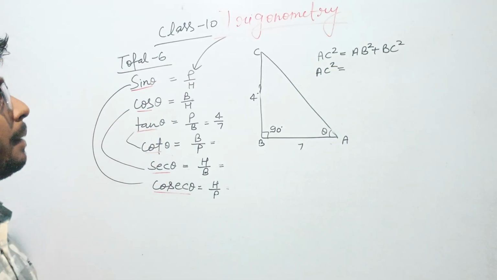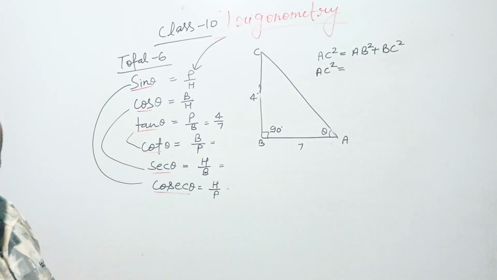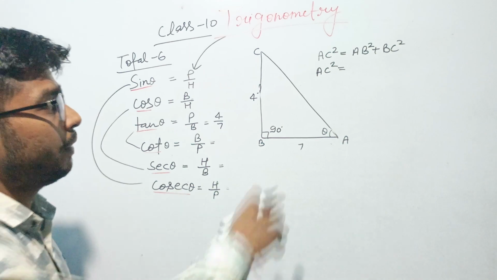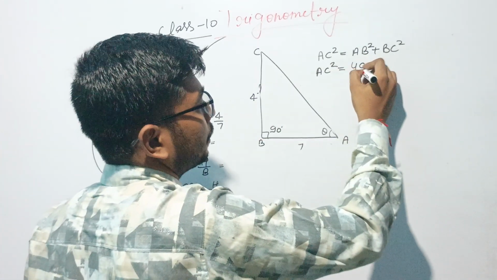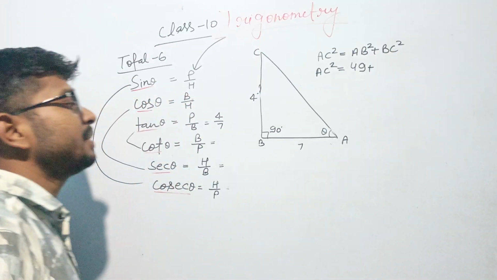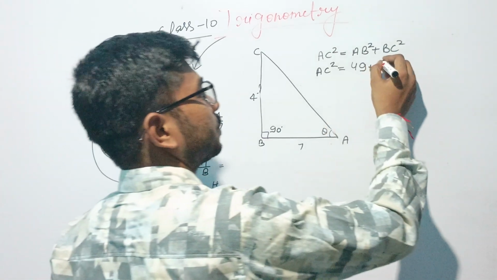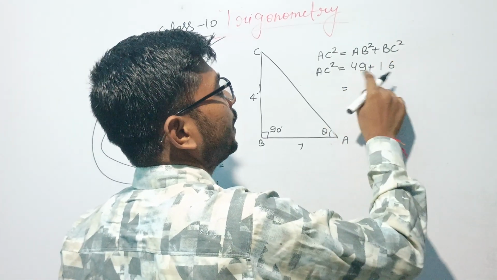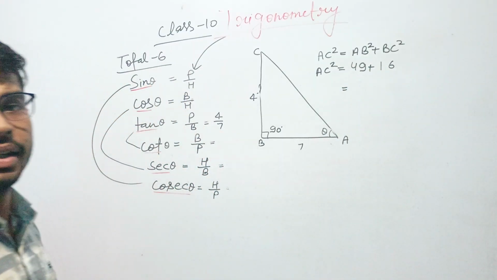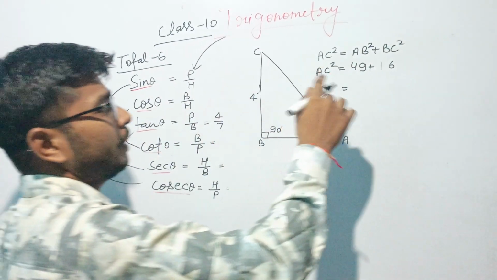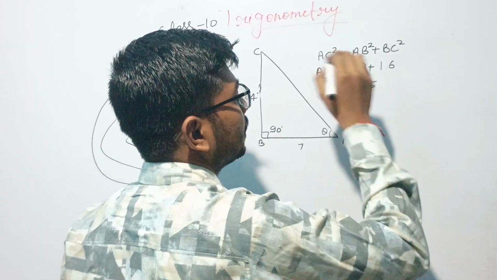What is AB? AB is 7, and the square of 7 will be 49. Plus BC. What is BC? BC is 4, and the square of 4 will be 16. 49 plus 16 we have to add, so it will be 65.